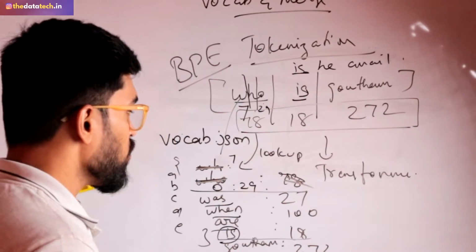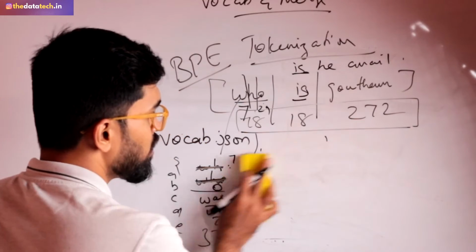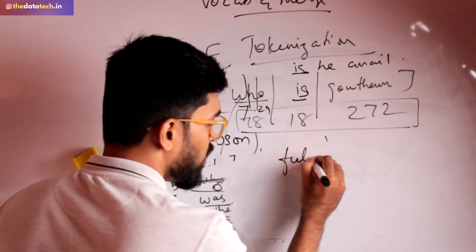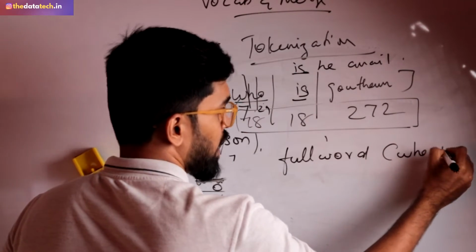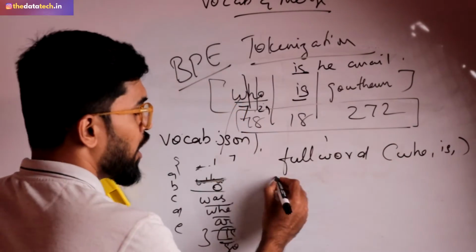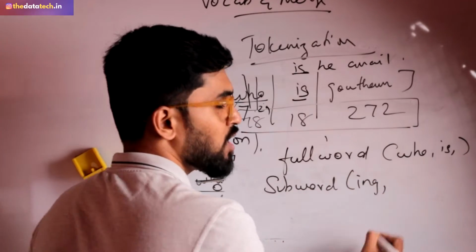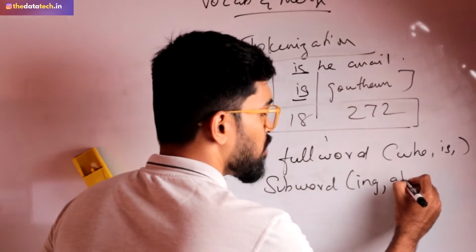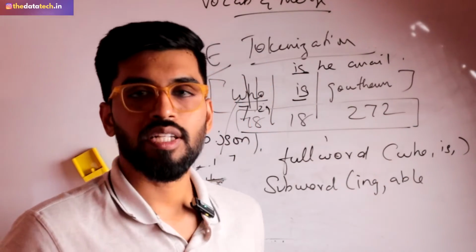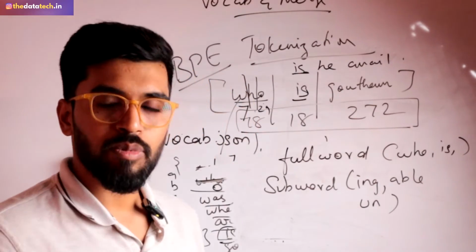Now, what can a token be? A token can be a full word, for example "who," "is," etc. A token can be a subword. For example, we have "ing" in running, walking, swimming; "able" in unable, respectable; or "un" in unacceptable, unnecessary.